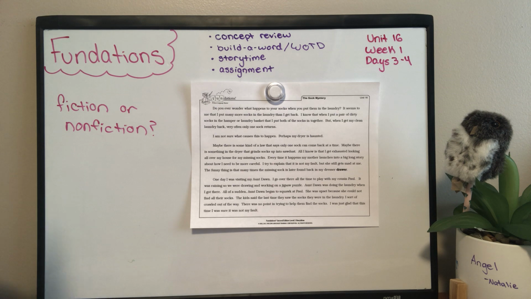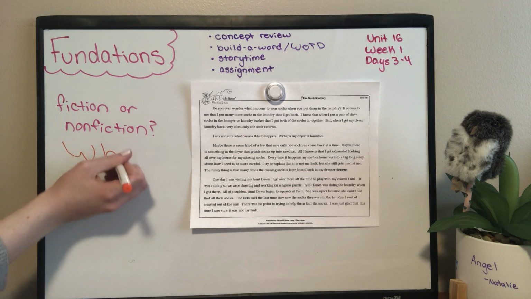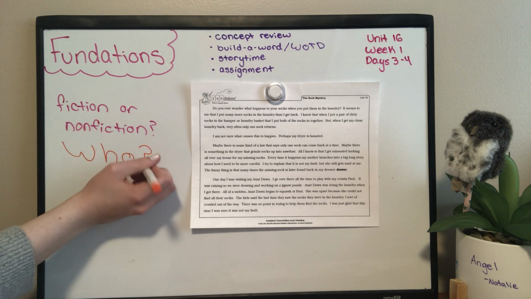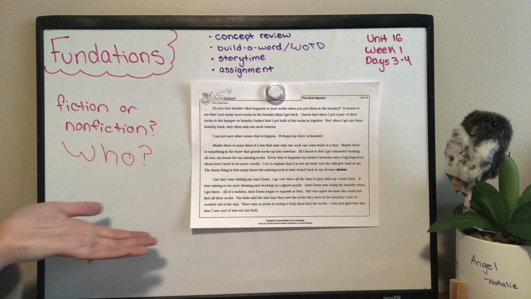Awesome. So now that we have fiction and nonfiction out of the way, we're going to get into our big W questions. Who? Who are the characters in this story? Pause the video now and point them out to yourself. All right, so we have the narrator of the story, the person telling us the story.